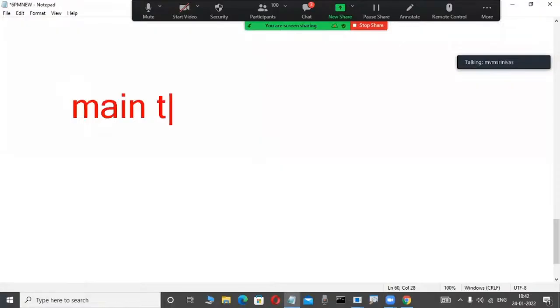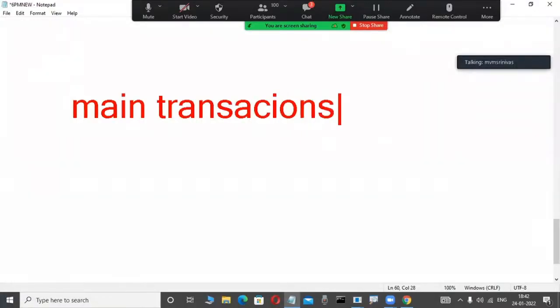Main transactions are stored in a master table. Very, very, very important. Main transactions are stored where? In the master table. What is this one?